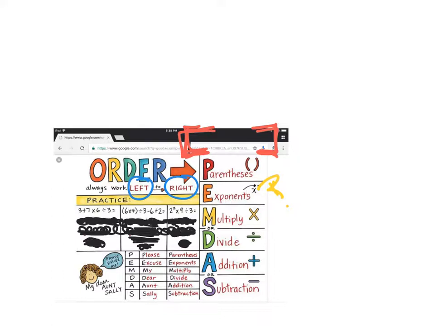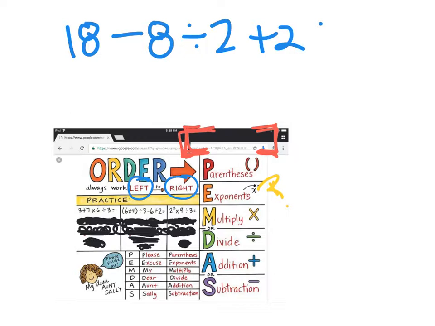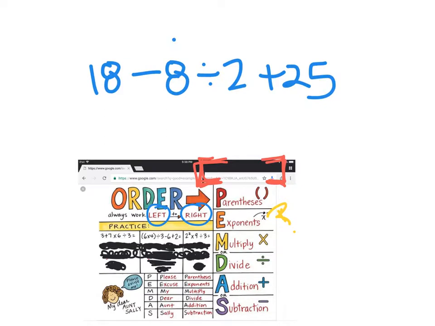All right, let's try this one. We'll do 18 minus 8 divided by 2 plus 25. And let's put this bad boy, if I can get this to work, in parentheses. Okay, so following the order of operations, we have no brackets, right? That would be first. Next is parentheses.